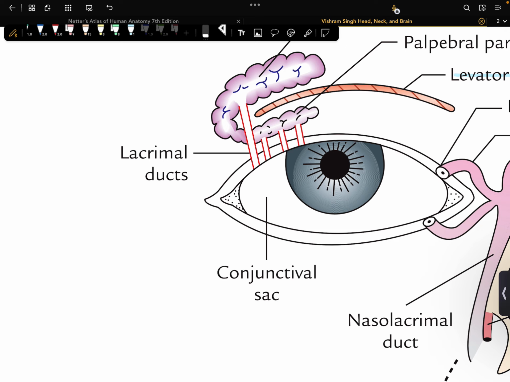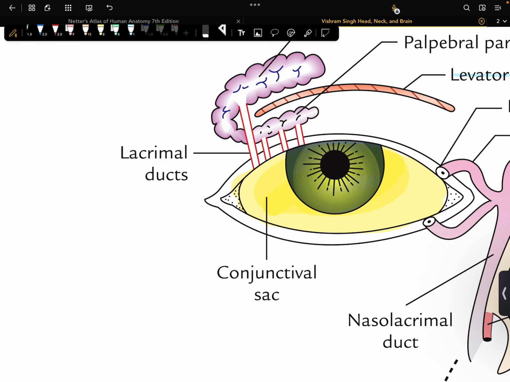So what are the main functions of this gland fluid? It lubricates the eye, that means it lubricates the cornea and conjunctiva, so it makes the cornea moist.